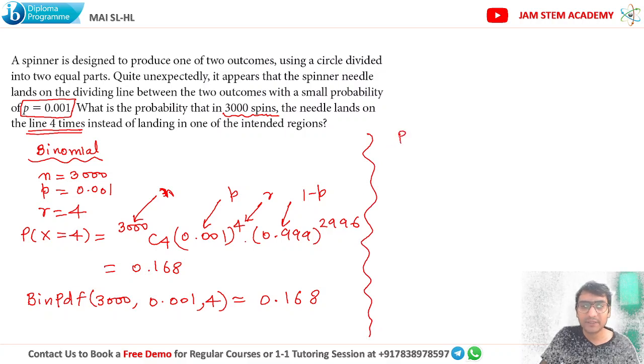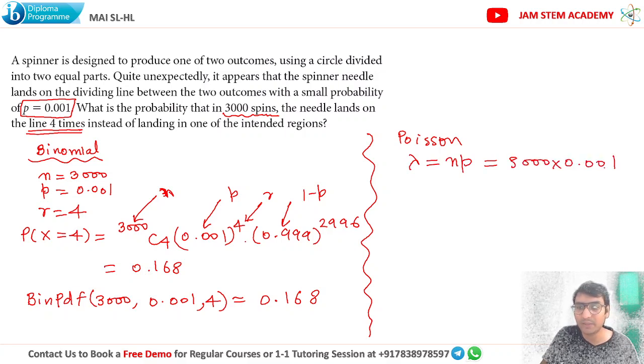Let's find the answer with the Poisson distribution as well. For Poisson, first we need the parameter lambda, which is the mean. We can calculate it by n times p, which is 3000 multiplied by 0.001. So we got the value of lambda as 3. Now we are looking for exactly 4 successes. You can use either that formula or the calculator, because it is allowed in the MAI HL course.